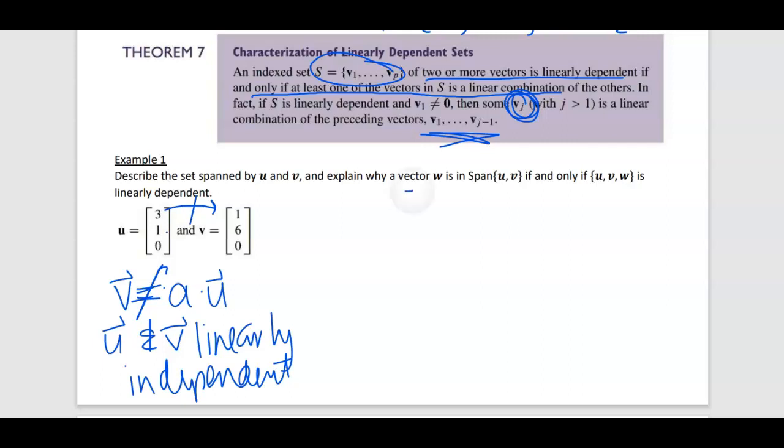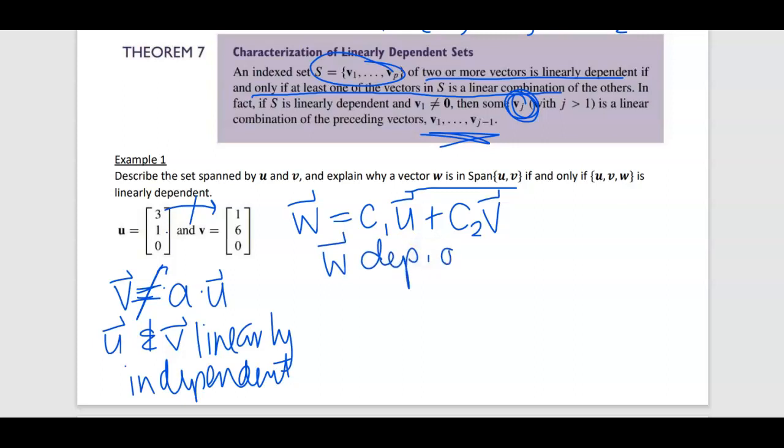So if W is in the span of U and V, then W must be equal to some constant times U plus some constant times V. Well, if that's the case, then W depends on U and V, which makes it a linearly dependent set.